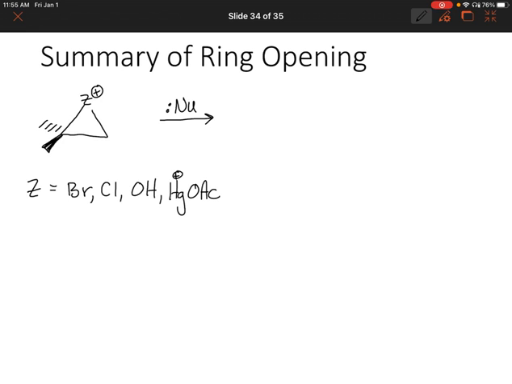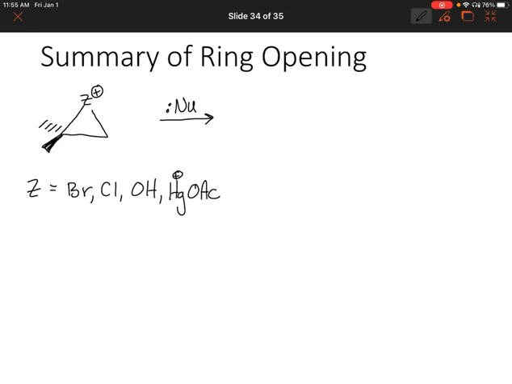Which side is more stable when it's attacked? The side that's more substituted, because remember those transition states that we drew a couple lectures ago.